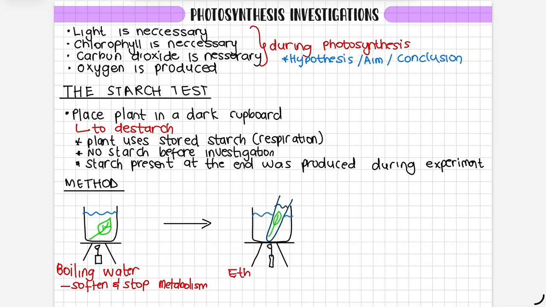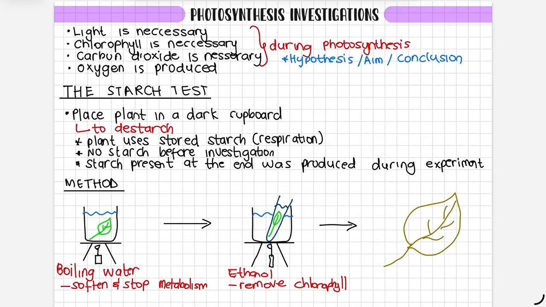We do this to remove chlorophyll by destroying the cell membrane, and this makes it possible for you to see the results when you do the starch test. Then you're going to remove your leaf, rinse it with warm water to soften it, and then add a few drops of iodine solution, and these will be your test results.